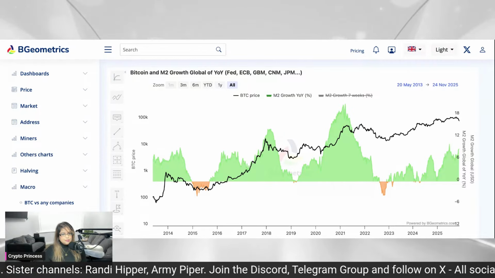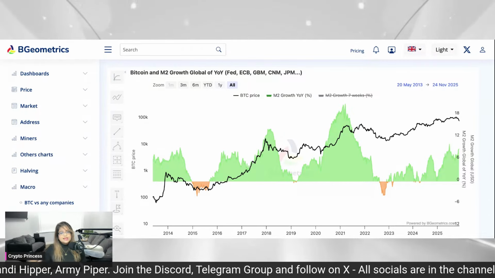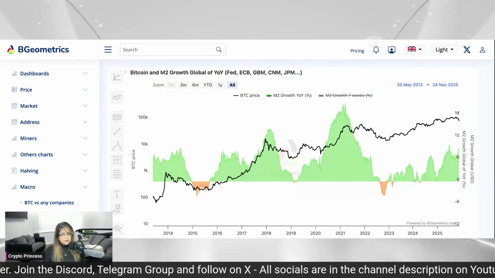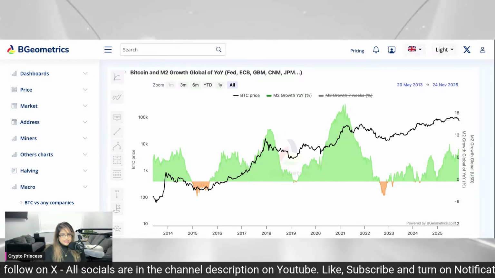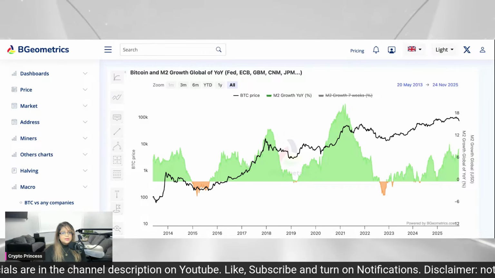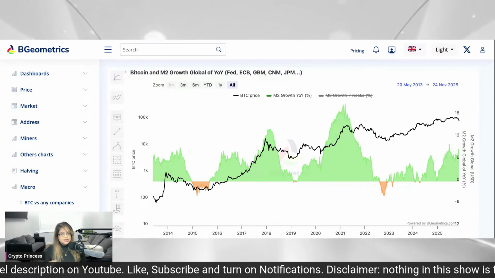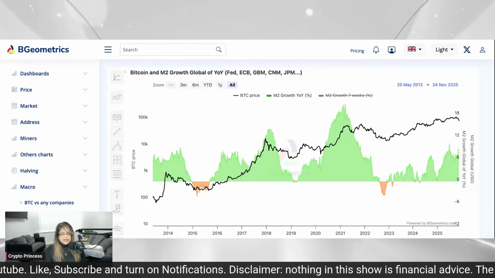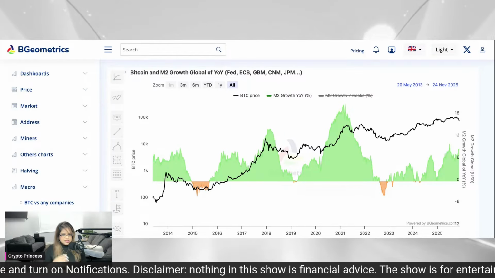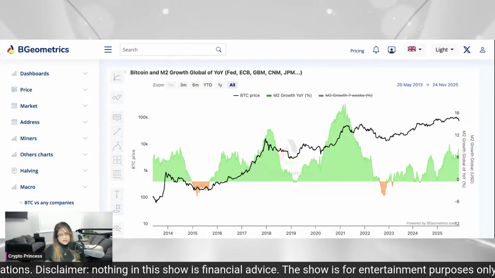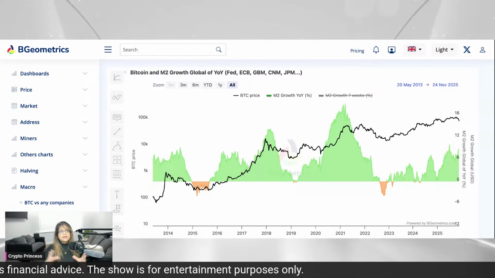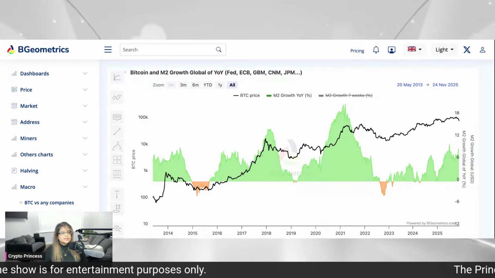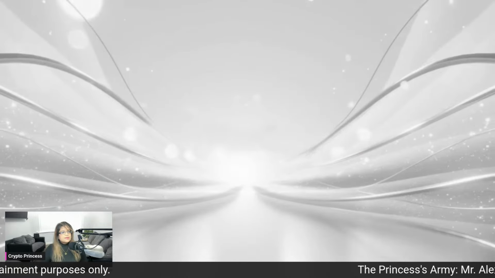So the M2 is backward looking because it's published every month, whereas Bitcoin is forward looking. Sometimes Bitcoin moves sooner, so the lag's only 86 days. Sometimes Bitcoin waits a little longer, so it's 108 days. And the shifts on where the money is going and how it's rotating, you don't get to know that in Bitcoin.